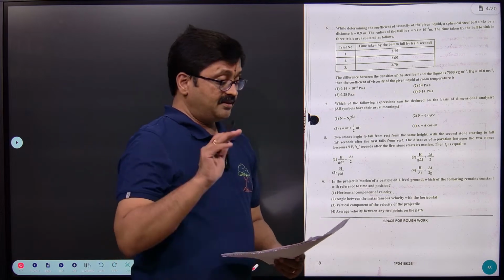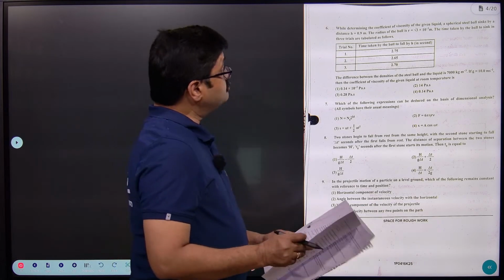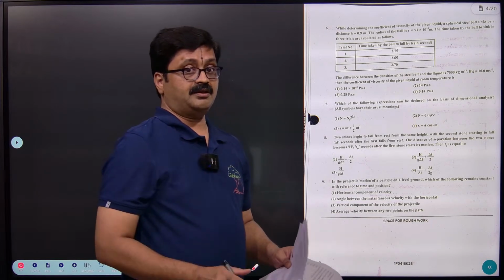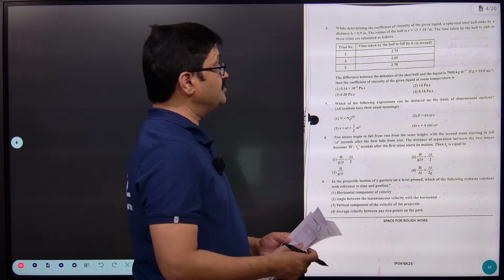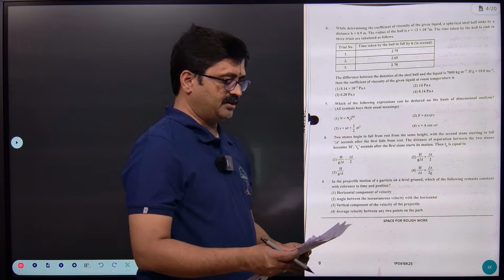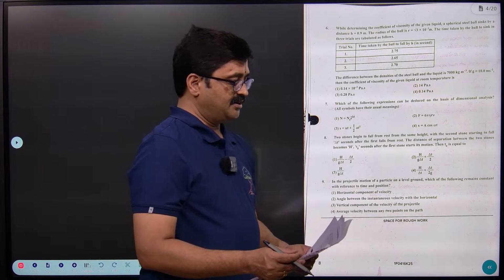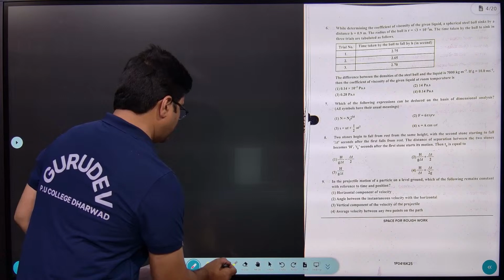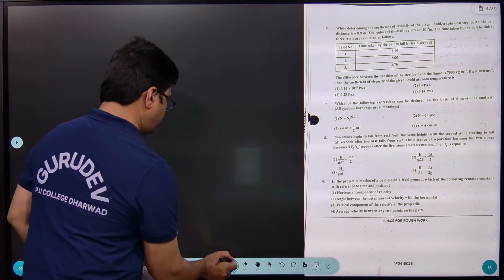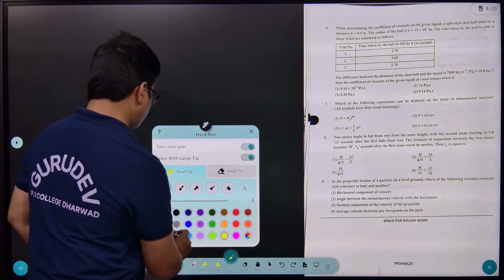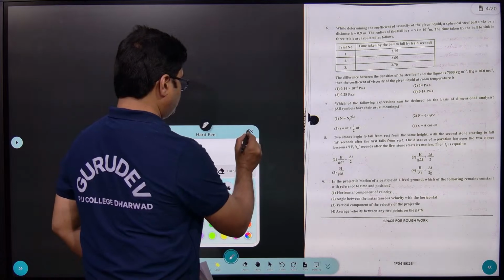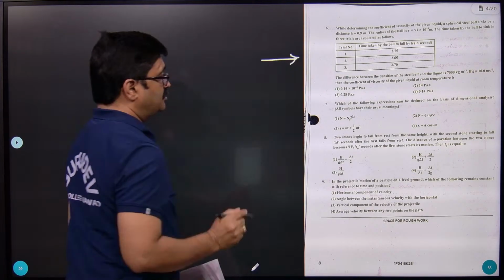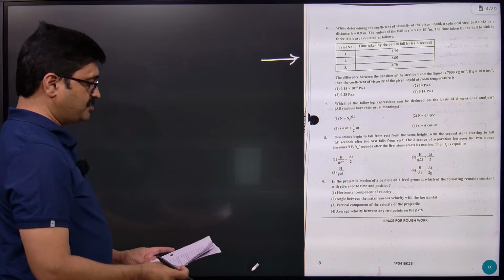Now this is again based on the coefficient of viscosity experiment, which we conducted during our first PUC. In this case we can make use of terminal velocity. I'll write a brief solution for this question, a terminal velocity based approach.